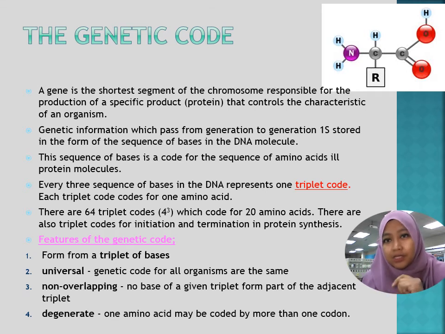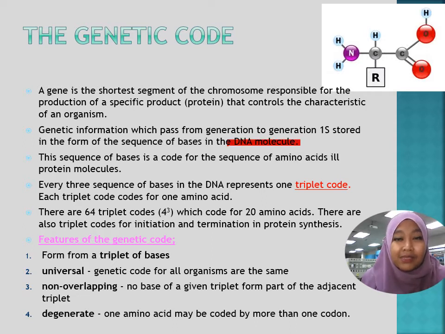This protein makes or controls the characteristics of the organism itself. Genetic information will be passed from one generation to another, in the form of a sequence of bases inside our DNA molecule.